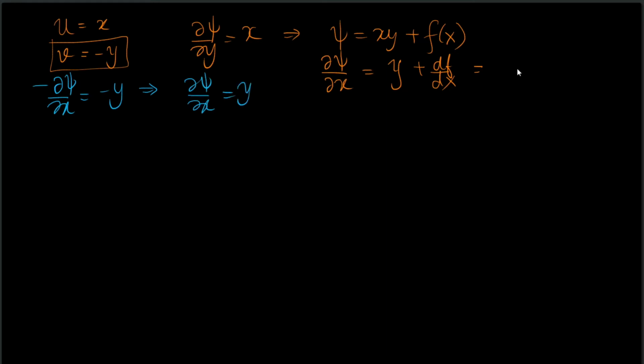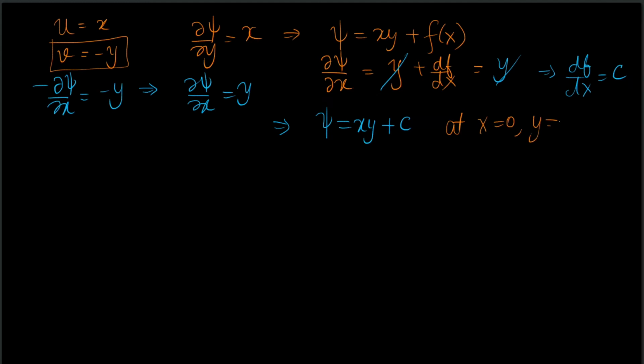So y can cancel out and this implies df dx is constant. So the stream function is psi equal to xy plus a constant, and we can choose the constant so that at x equal to 0 and y equal to 0, c equal to 0, and hence c can be chosen to be 0. So the stream function is simply psi equal to xy.